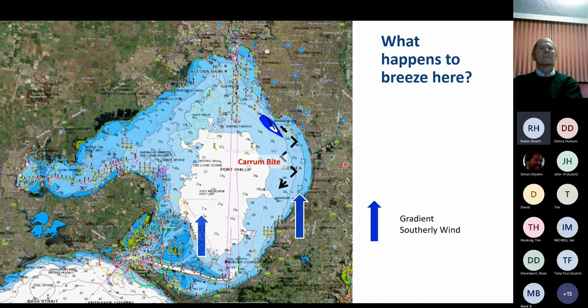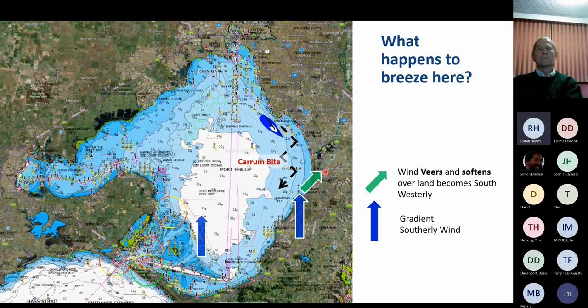It turns round and heads inshore. Wind keeps going across here. The inshore component here will gradually disappear as you move offshore, and there's a magic spot somewhere along here where you get the best of both worlds.